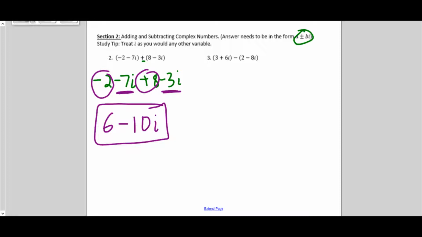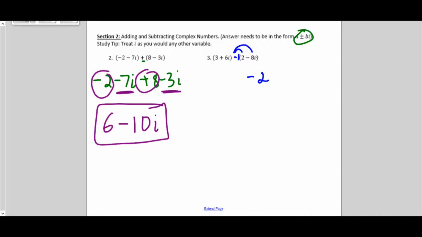So example 3, I have 3 plus 6i minus 2 minus 8i. So there's subtraction going on in between the two terms. So I like to think of it as saying negative 1 in front of that parentheses, because you have to distribute that first. So when I distribute negative 1 times 2, I get negative 2.